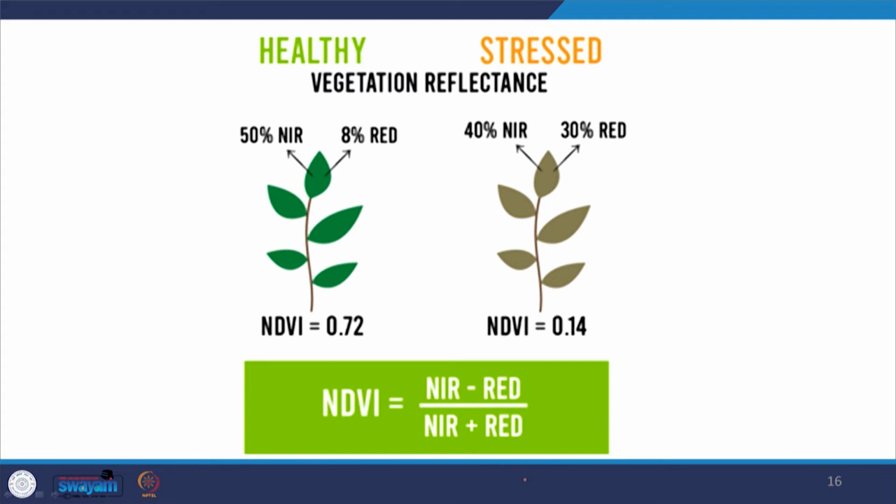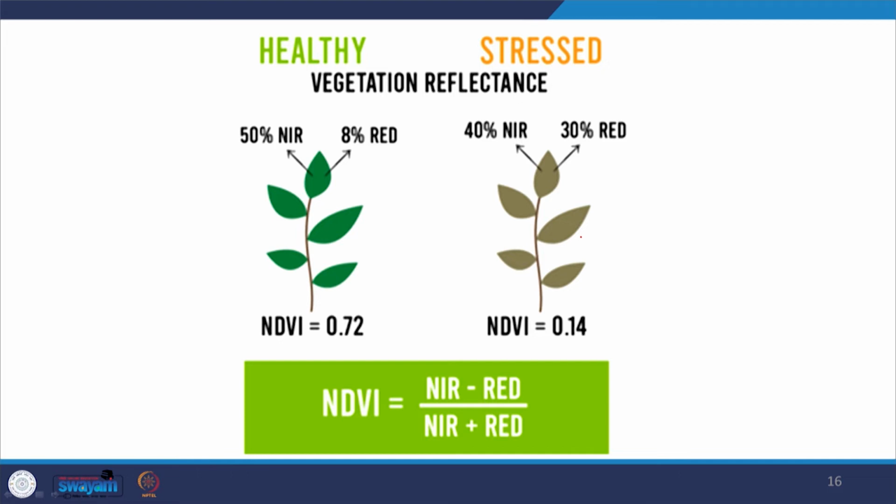We can find out the crop yield, and also we can take proper measures. If the crop is stressed, then some measures are required, some pesticides or other measures, in order to stop further spread of the stress.